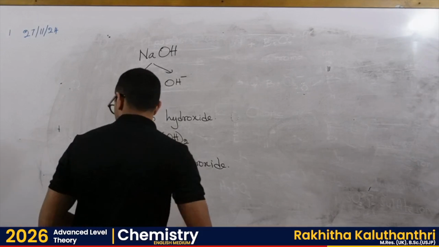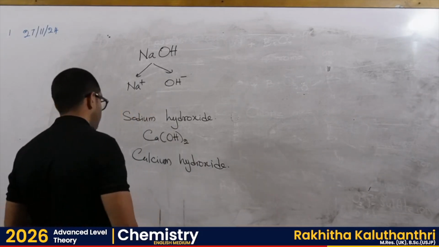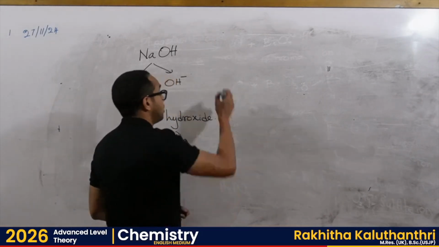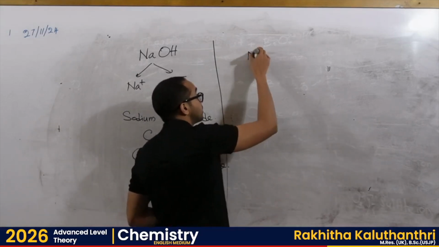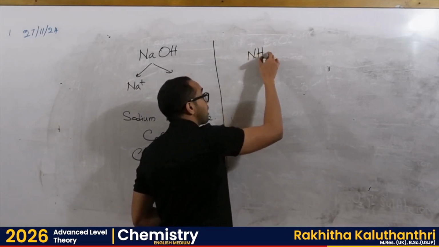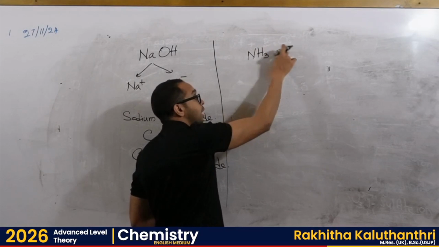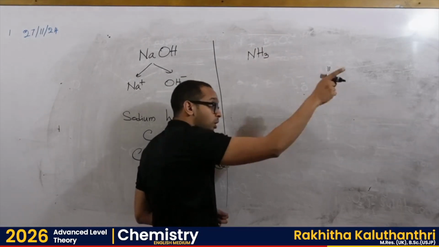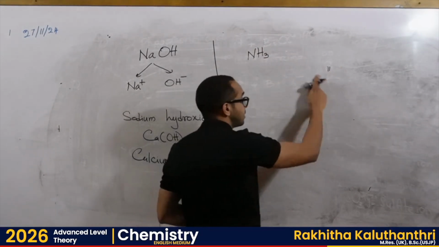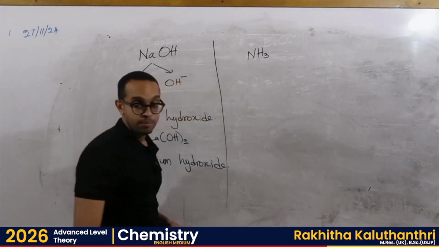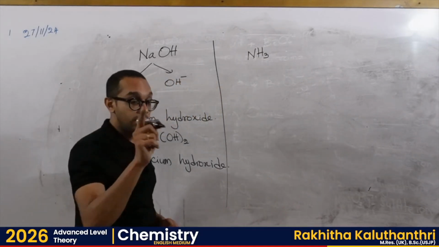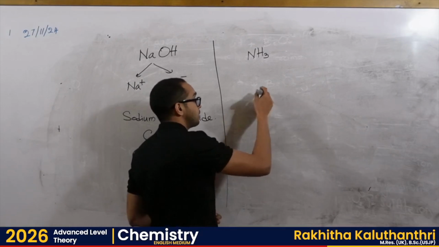So this is called calcium hydroxide, and we stopped there. And then we learn ammonia is a weak base. Although there are no hydroxides in ammonia, in water it can act as a base. So we are going to learn how it acts as a base in water.